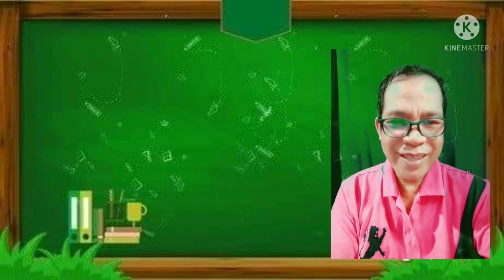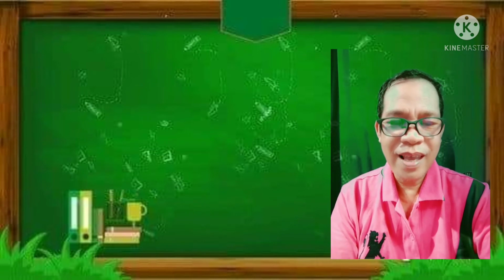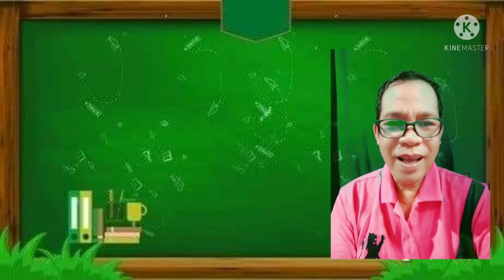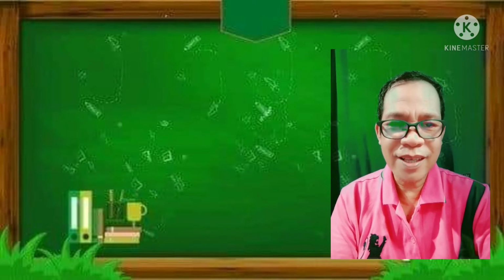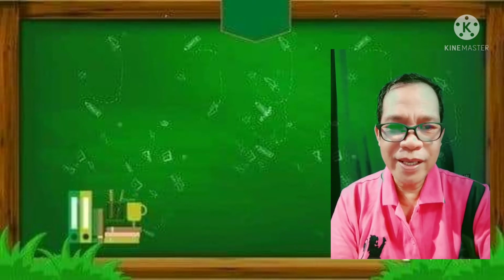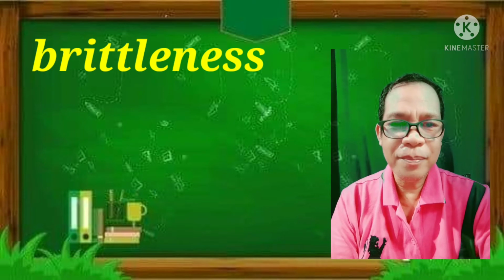I know that you had enjoyed our previous video lessons, and I know that you got a perfect score in answering these questions. For number 1, ability to break easily, we call it brittleness.